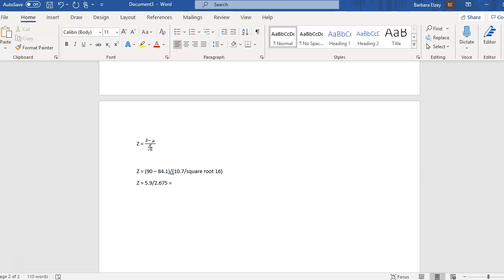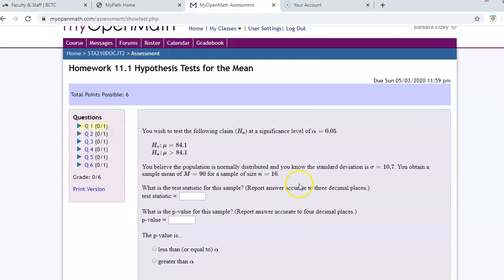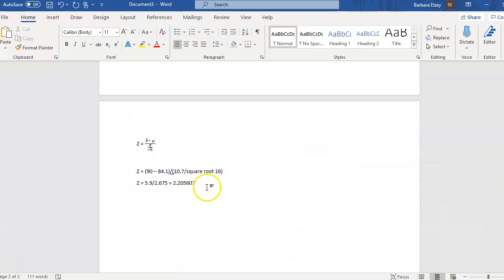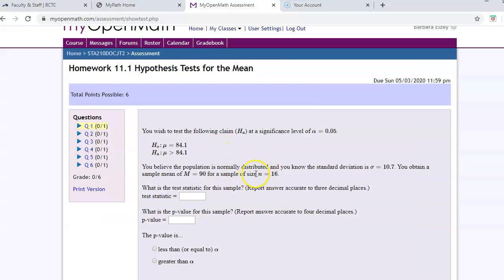And then finally, let's divide these two out, 5.9 divided by 2.675, and that gives 2.20567. Okay, now I think we were supposed to round to 3 decimal places. So what we'll report here is 2.206. That's what's going to go into that first blank.